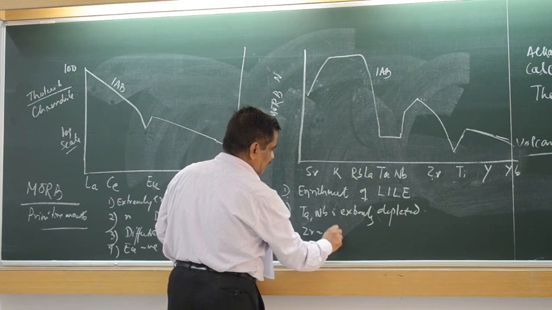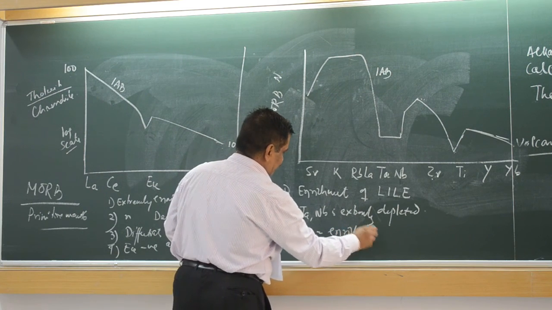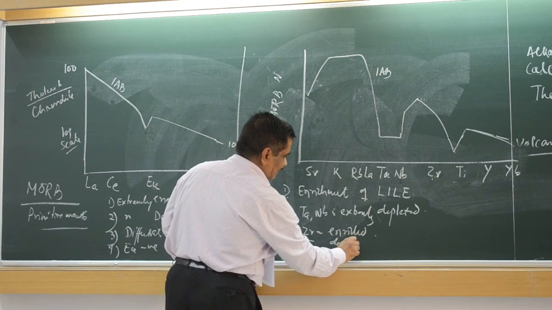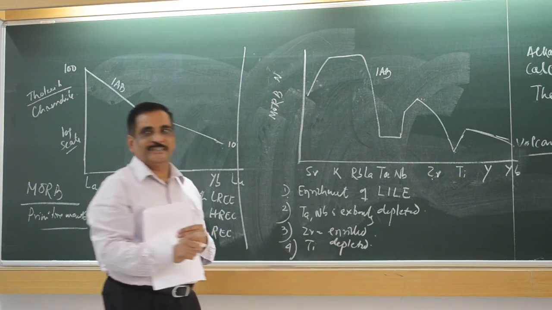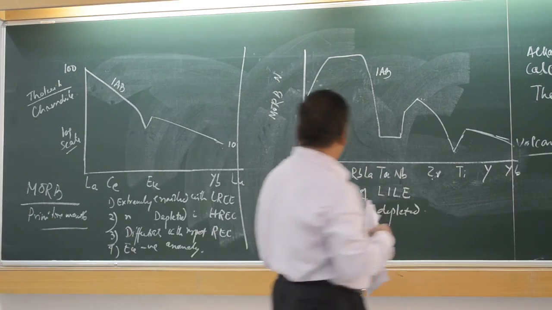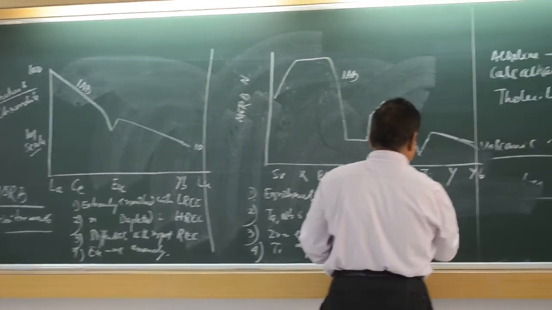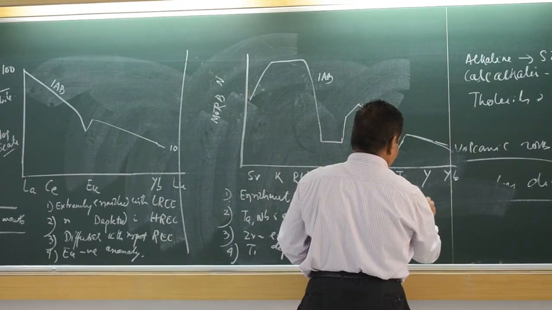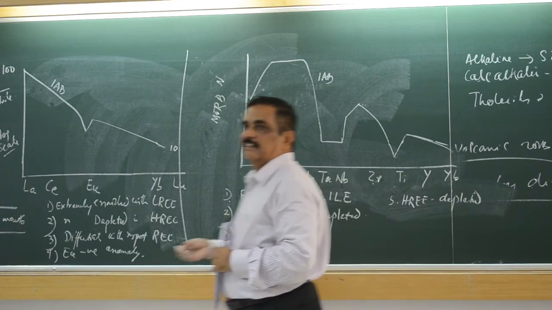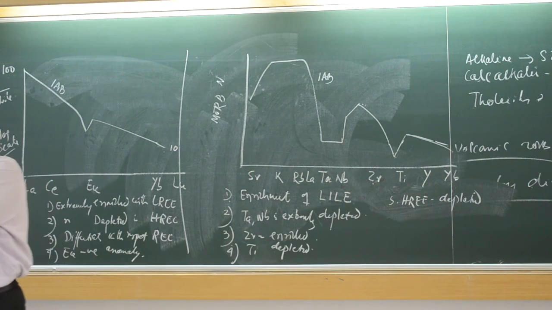Zirconium enriched. Titanium depleted. This type of language you should use for describing this discriminatory diagram. Then what about this HREE? HREE depleted. From this point I will not tell you.